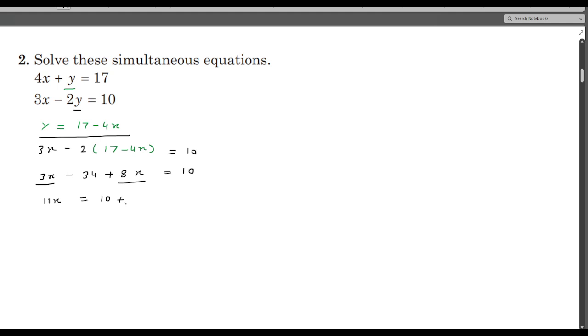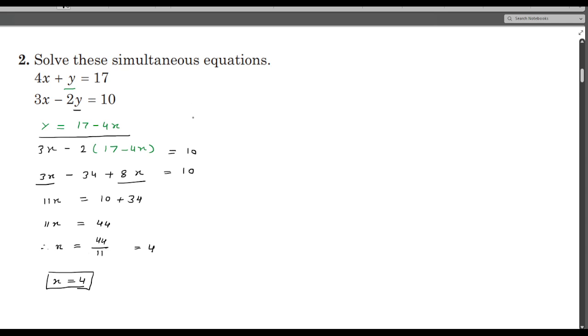Now this minus 34 will move to the right as plus 34. So we have 11x equals 44, and therefore x equals 44 divided by 11. So 11 4s are 44. x is equal to 4.